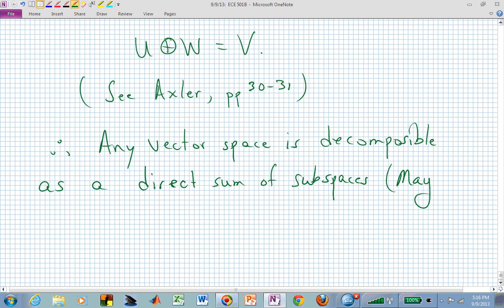Well, sometimes the extremes are an easy way to generate such a decomposition. Maybe the trivial set. By that, I mean we could select V to be the additive identity plus V itself. And that's then one way to decompose a vector space into two different subspaces. And those are the two limiting subspaces of V.